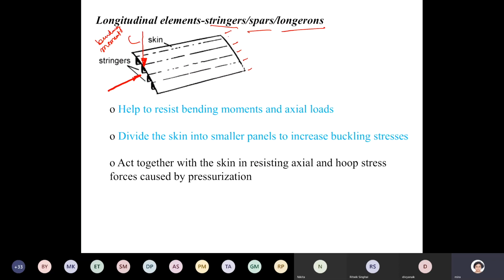Apart from these two primary functions, there is a secondary function, which is that along with the skin, it helps to resist axial and hoop stresses. But again, that's not very important. These two blue colored bullets are the most important points.